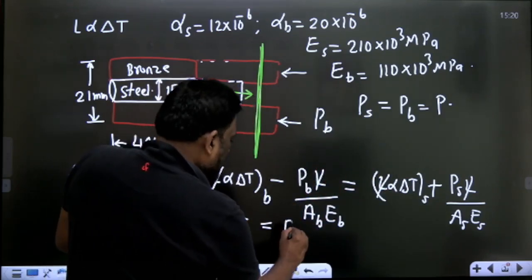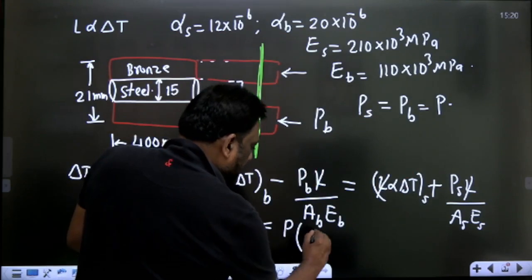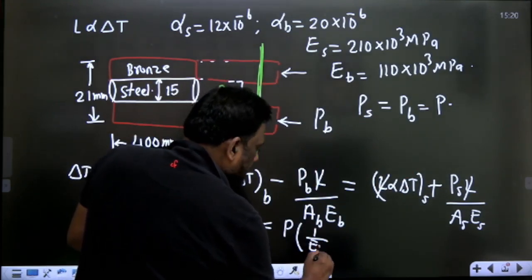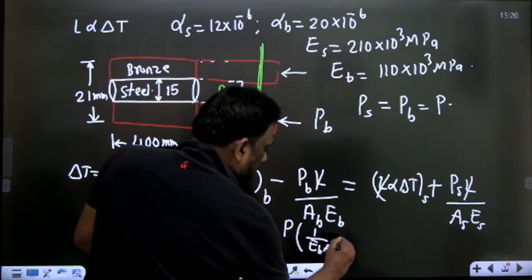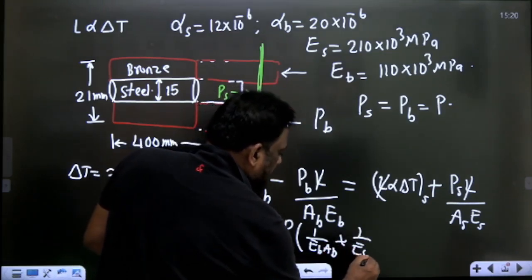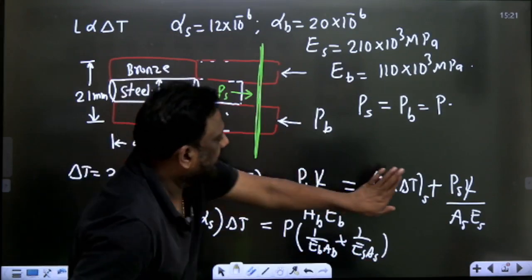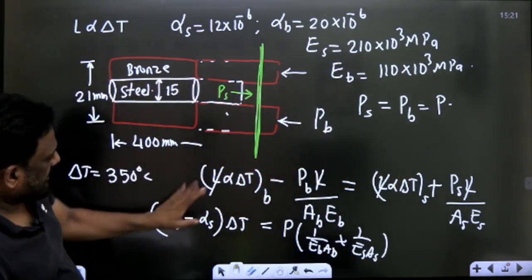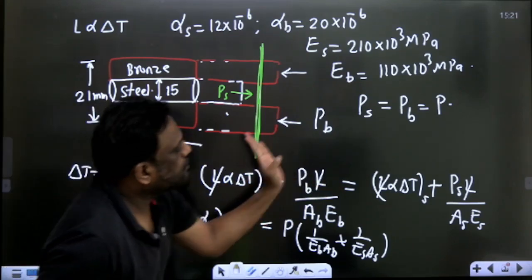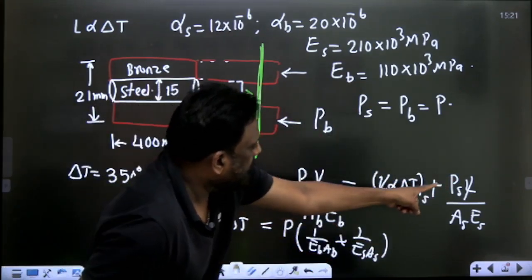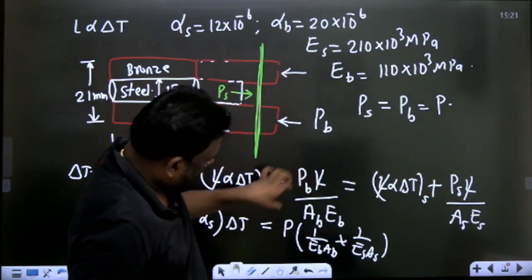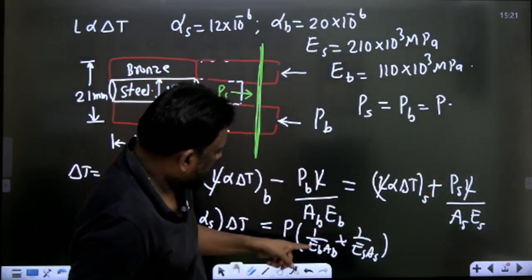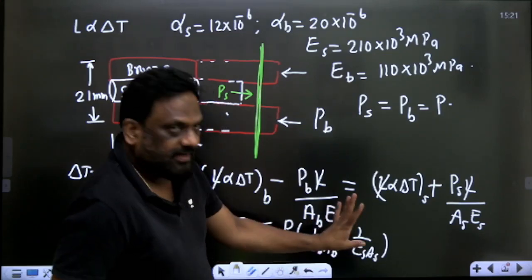So take P common: 1 by EB AB plus 1 by ES AS. Let me repeat. I have taken alpha to this side, so alpha B minus alpha S times delta T. I have taken this to that side, so PS or PB is the same. So take common P. This is the one final equation.